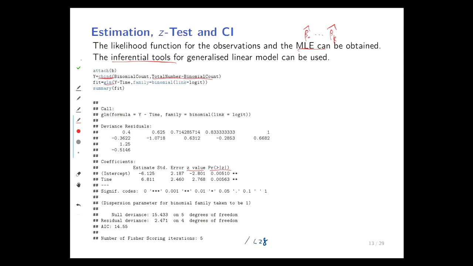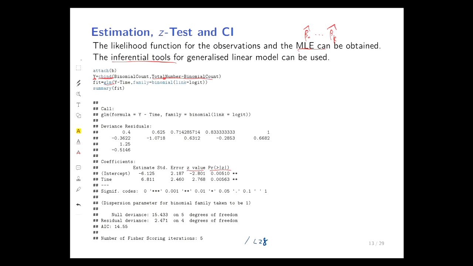So you need to involve the total number in the response. Why? Because the total number is also very important information. If we do not have this information, we cannot implement the binomial logistic regression model. So input these two columns by using this cbind function.